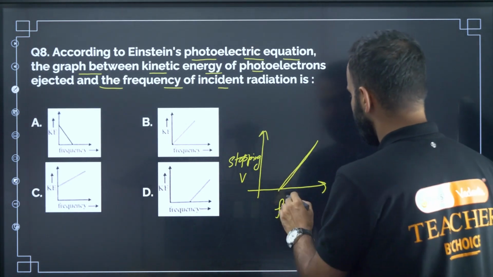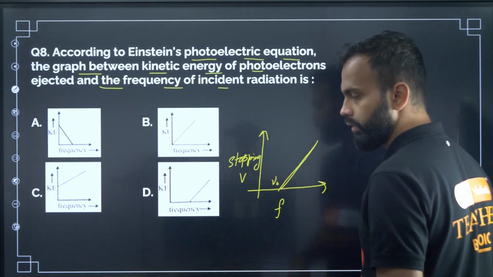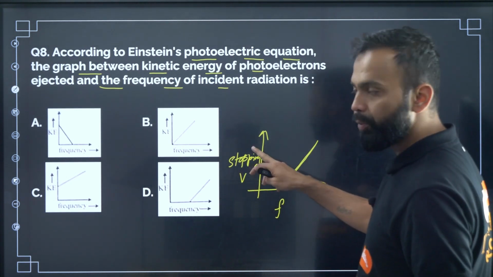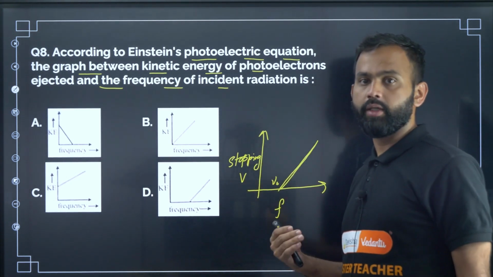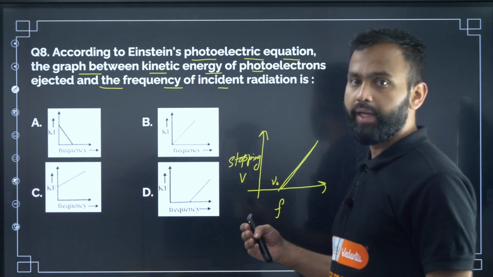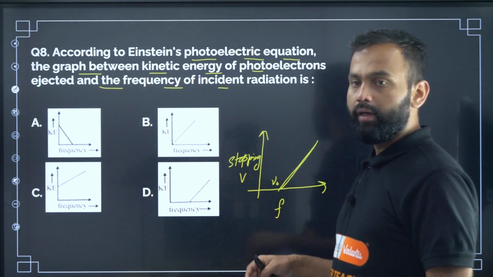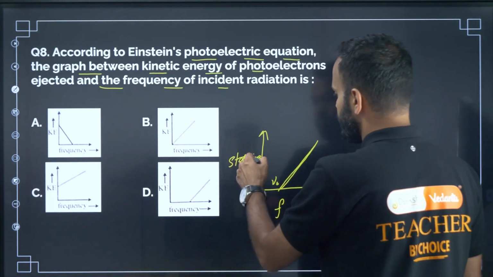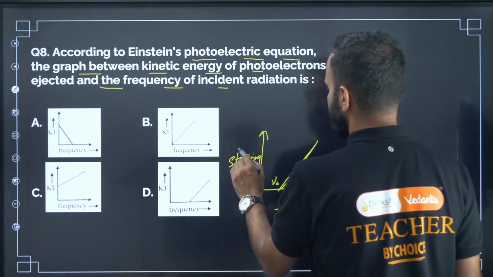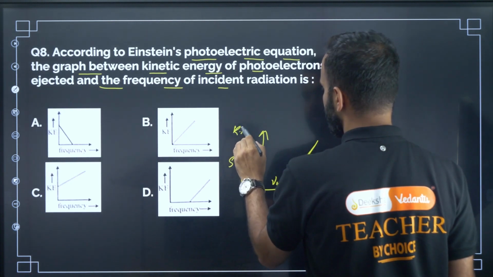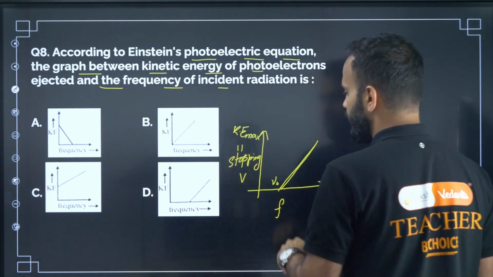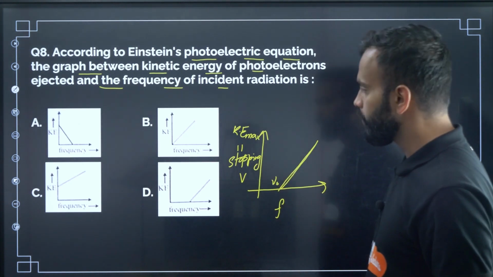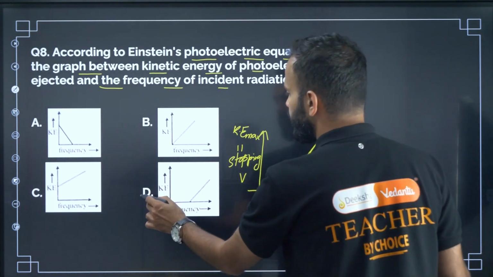Stopping potential is the minimum negative voltage applied to the anode plate to stop the photocurrent, which is equal to the maximum kinetic energy of the photoelectron. So this is the graph between maximum kinetic energy of the photoelectron and frequency of the incident radiation. So the correct option is D.